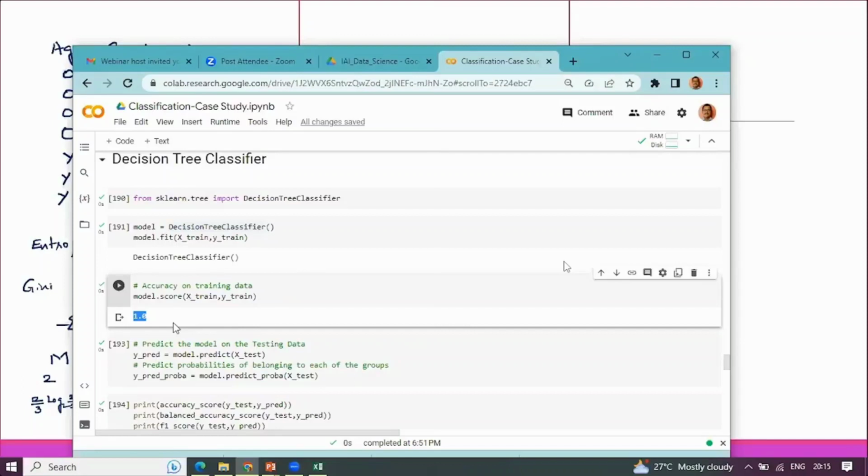This is because it keeps on splitting the tree until you get one element in the leaf node.